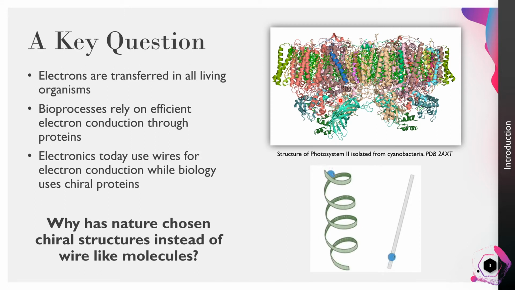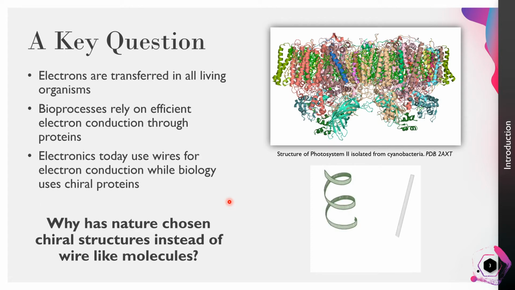It's a mystery, or at least it used to be, of why nature over billions of years decided to develop these corkscrew helices instead of more rigid structures. And as we know, in our electronics today, we use wires for the conduction of electricity.